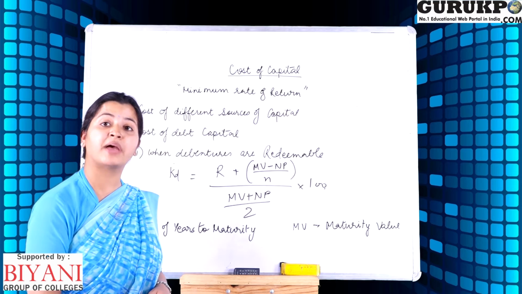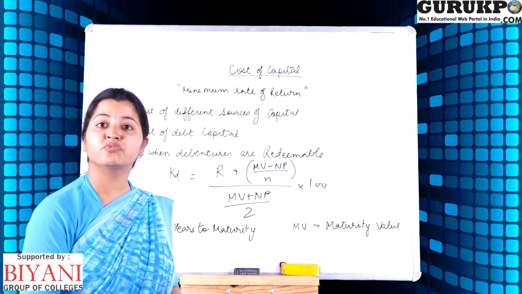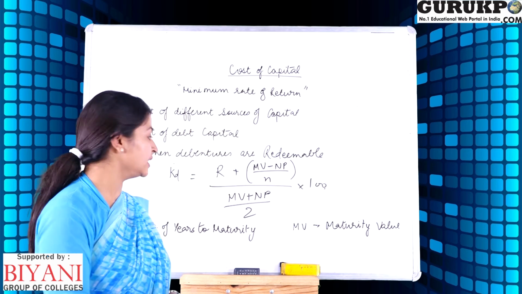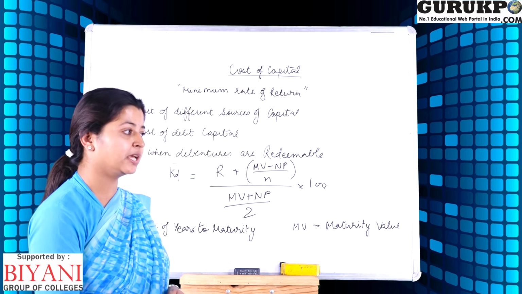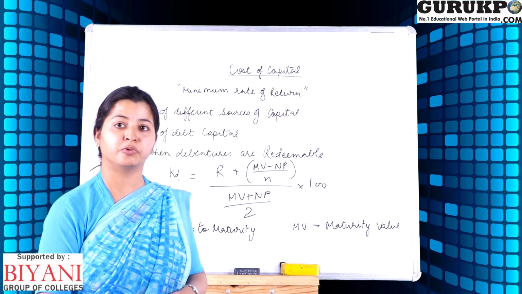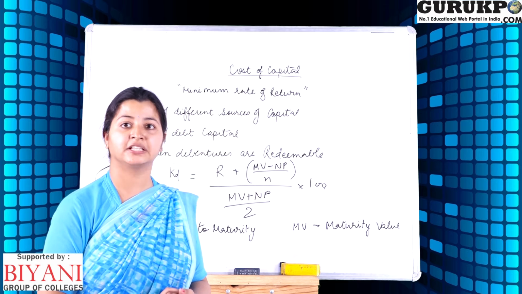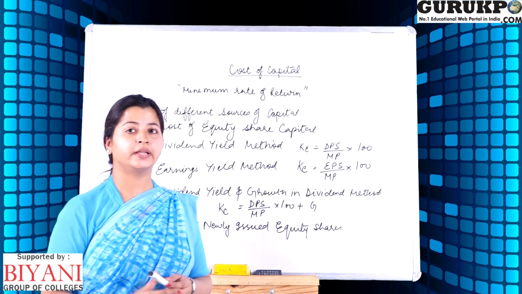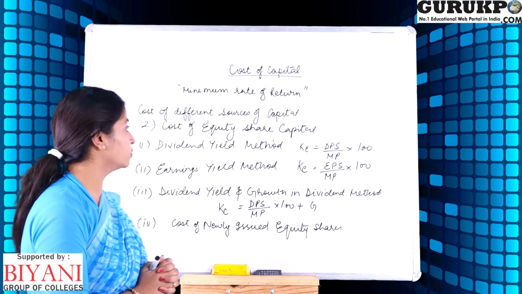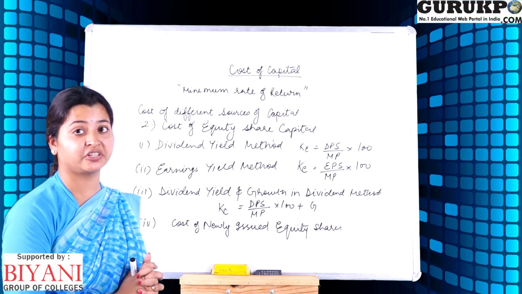MV stands for the maturity value, N stands for the number of years to maturity, R stands for the rate of interest, and NP is the net proceeds that we get after deducting the expenses for the issue of debentures.